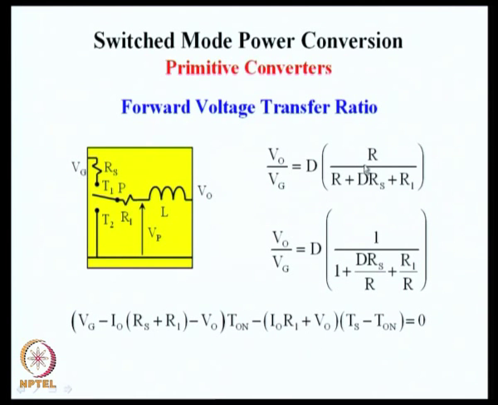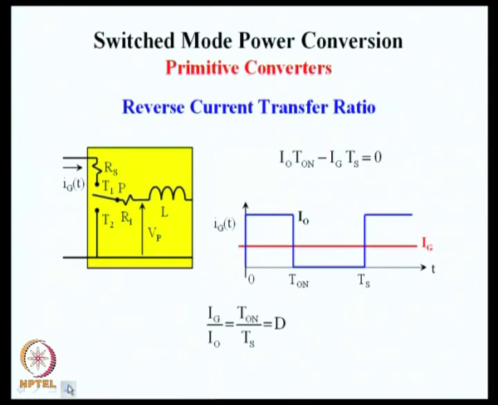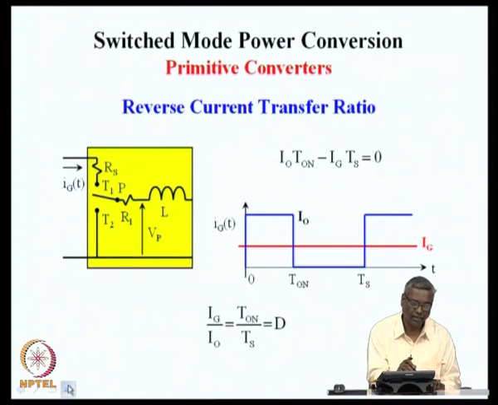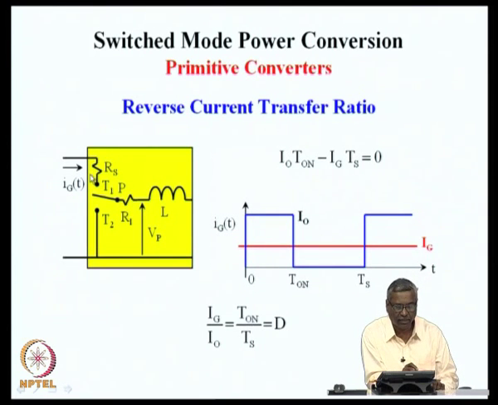Here also the correction factor is less than 1. It is the load resistance divided by load resistance plus duty ratio times source resistance plus the inductor resistance, and this number will be close to 1, but less than 1. And just as before, the current conversion ratio is not affected by the presence of Rs or RL, because these are all series non-idealities.